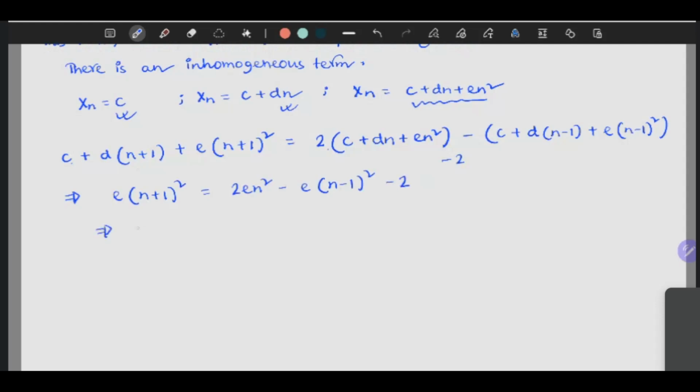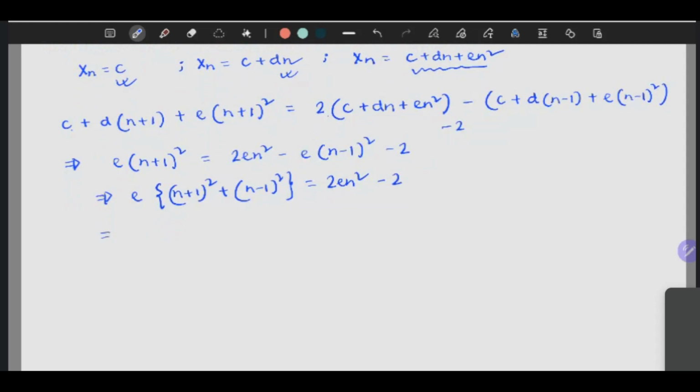So from here you can get e(n+1) whole squared plus e(n-1) whole squared equals 2 e n squared minus 2. So this is (a plus b) whole squared plus (a minus b) whole squared, which will be 2a squared plus 2b squared, like this.